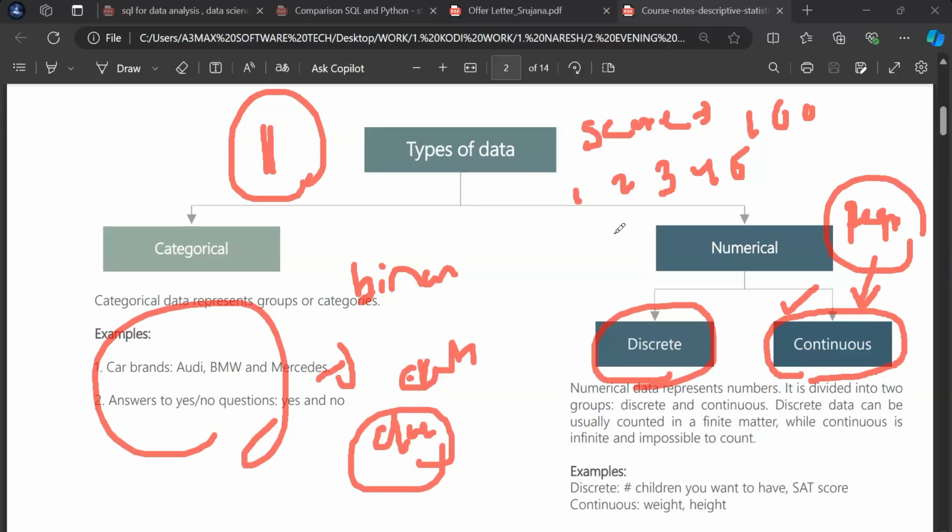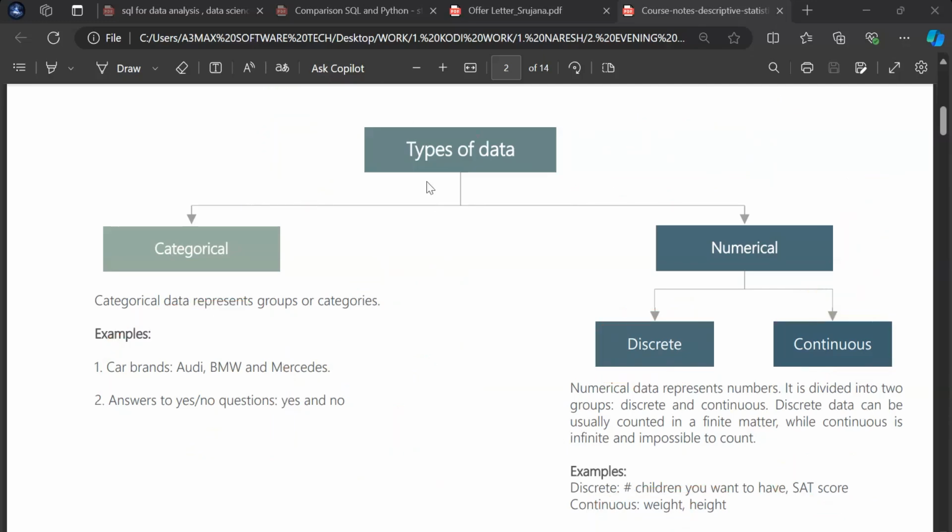Discrete means that at a certain point, the count stops. For example, children: you may want to have 1, 2, or maybe 3. It stops. The SAT score will stop at 100. And height and weight are continuous, right? Height increases, weight increases.